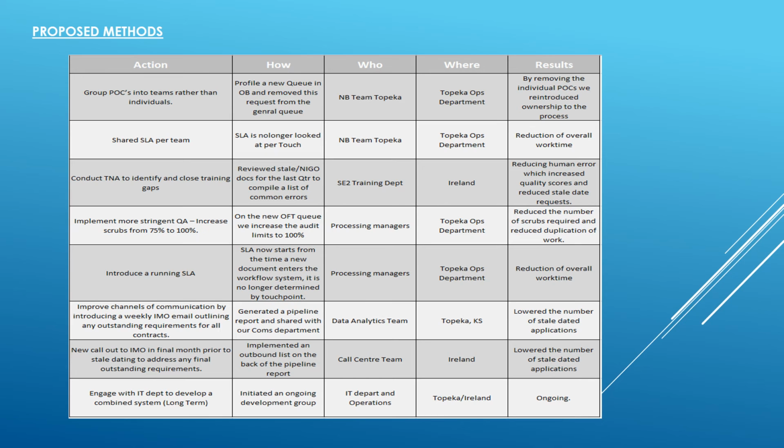This was done by the processing managers of the Topeka operations department, and our quality auditors overlooked all applications. This reduced the number of additional scrubs that we ever needed. We reduced the duplication of work and became a lot more efficient.